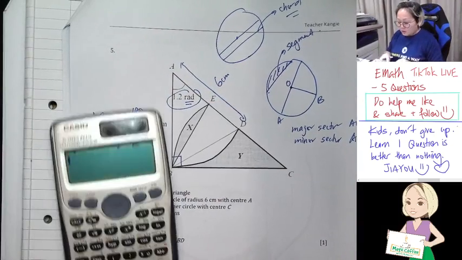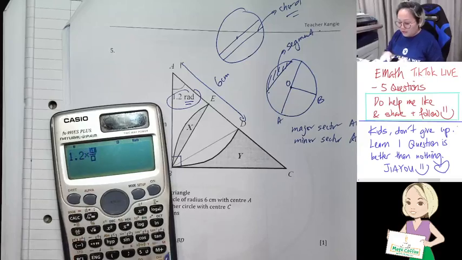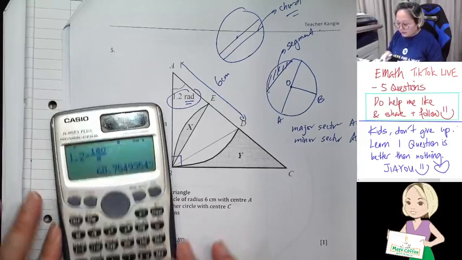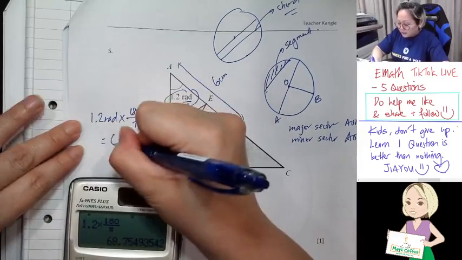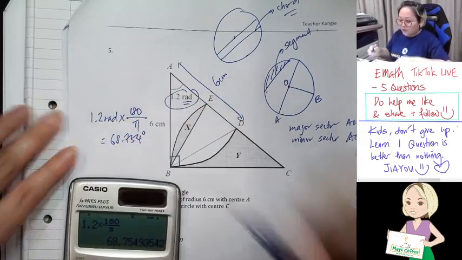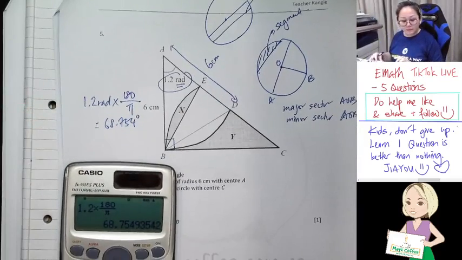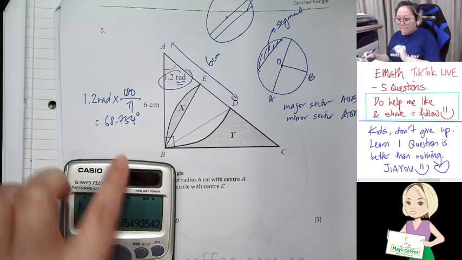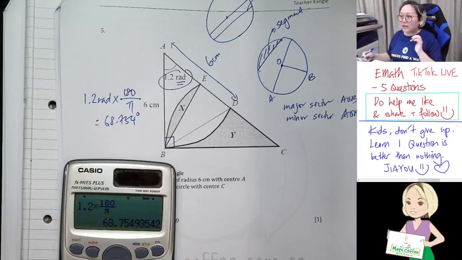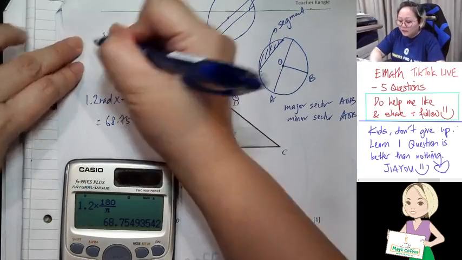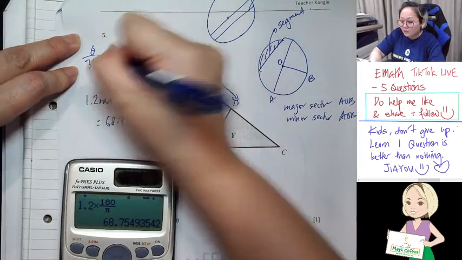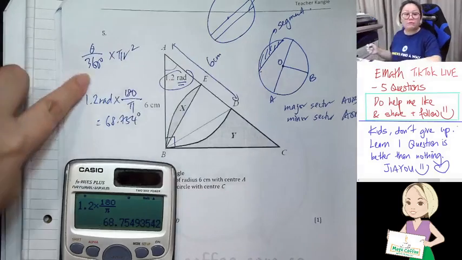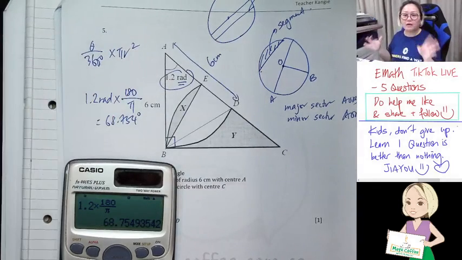So 1.2 multiplied by 180 over pi will be 68.754 degree. No, you will not lose marks if you change it. Then the sector will be theta over 360 degree multiplied by pi r squared. You will have to use the degree formula to find the area.